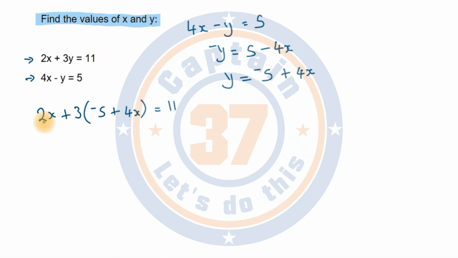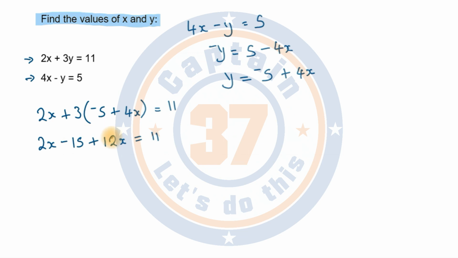So we have 2x, then plus and open brackets. Plus multiplied by negative is negative. So this is going to be negative 15. 3 multiplied by 5 is 15. Plus multiplied by plus is plus, and 3 multiplied by 4 is 12x, which is equal to 11.